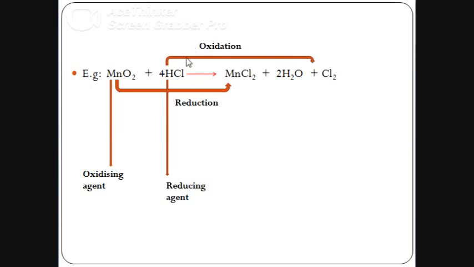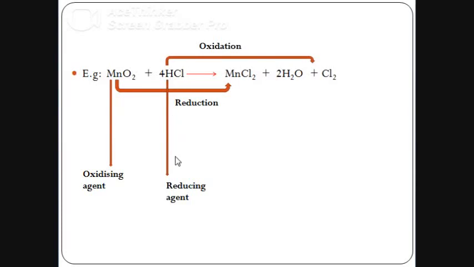So oxidation of itself means HCl oxidation, and it causes reduction of this manganese dioxide. Hydrochloric acid itself is getting oxidized.